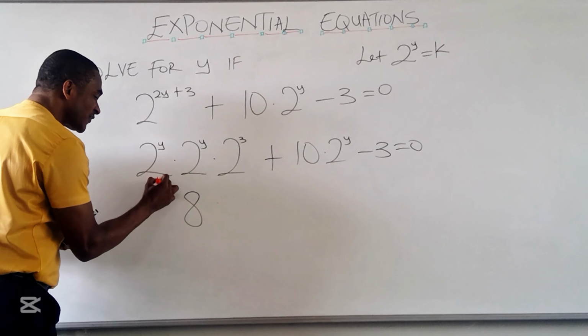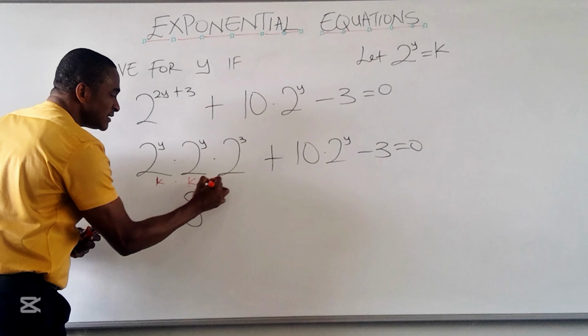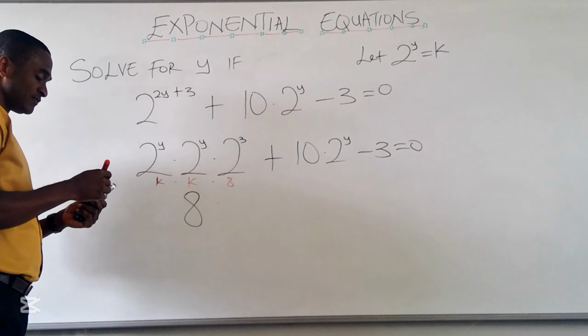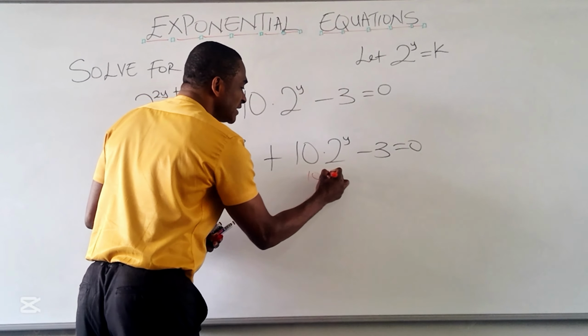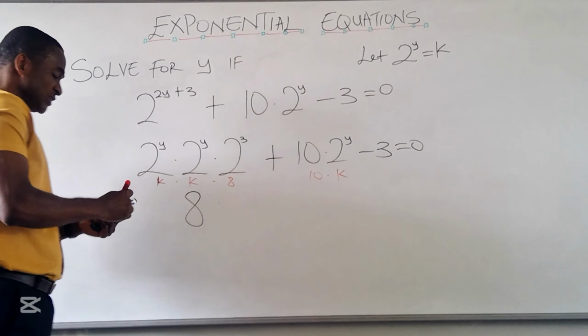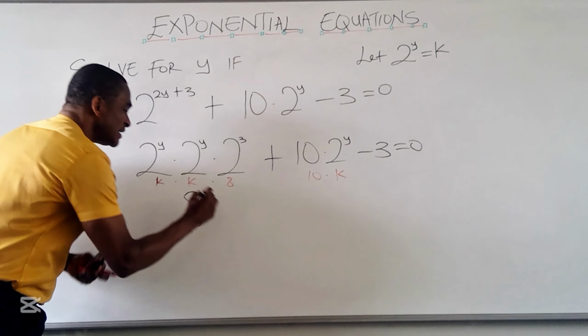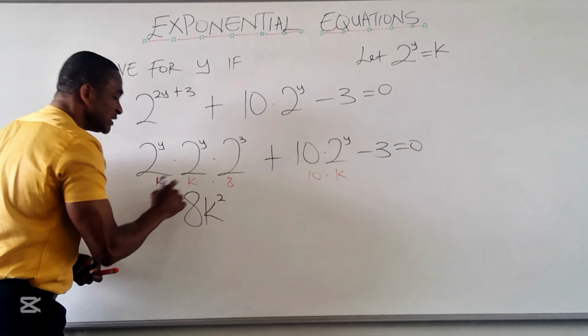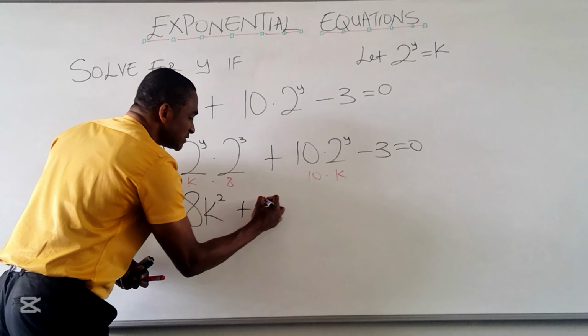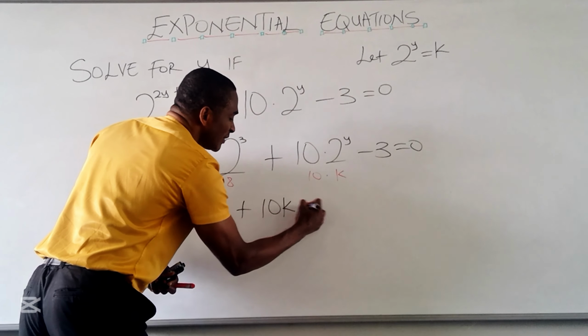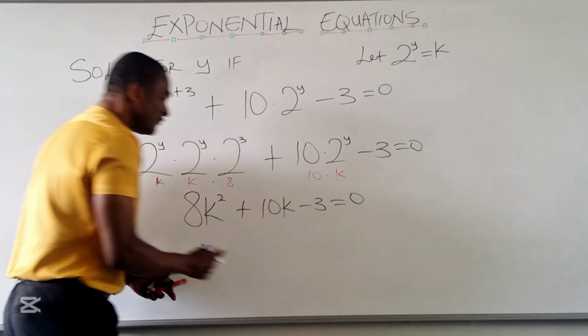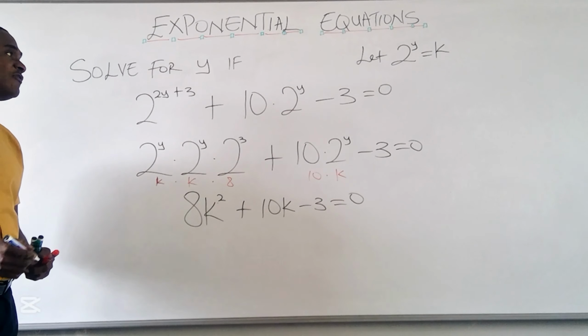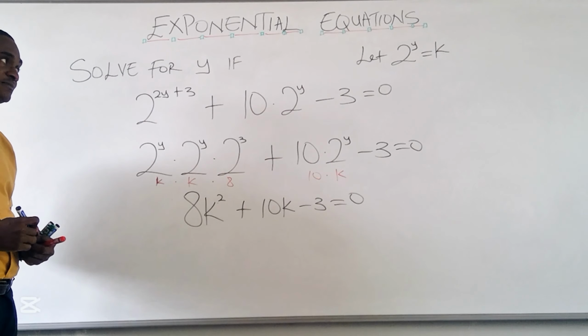So we will have k times 8. And then here we will have 10 times k. So this will give us 8k squared plus 10k minus 3 equals 0. If we look at this critically, we can see that we formed a trinomial.